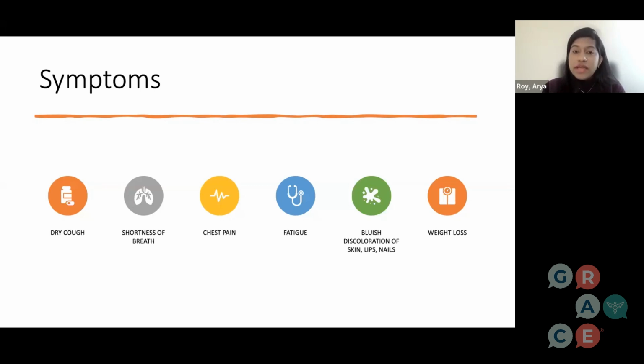When the oxygenation in the body is affected, you may present with a bluish discoloration of the skin, lips, or nails, which we call cyanosis. And sometimes you may have weight loss. But most of the time, patients will present with a dry cough or shortness of breath, which is what we see in the clinics.